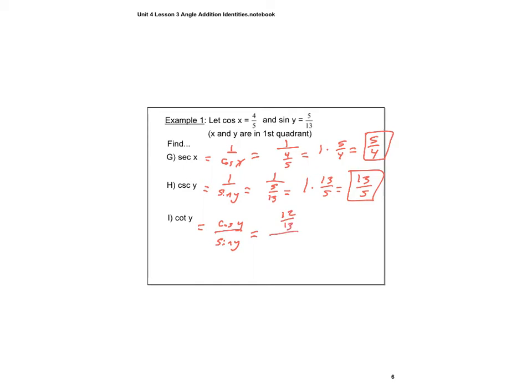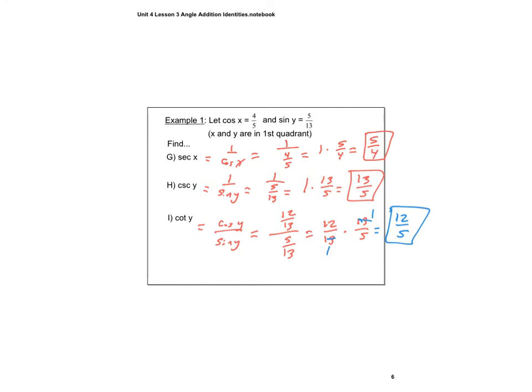The sine of y, we were given that, that's 5/13. So now we can just go ahead and change this into a multiplication problem by multiplying by the reciprocal of what's in the denominator. So that would be 13/5. So then I can reduce these down by 13, and I get 12/5.